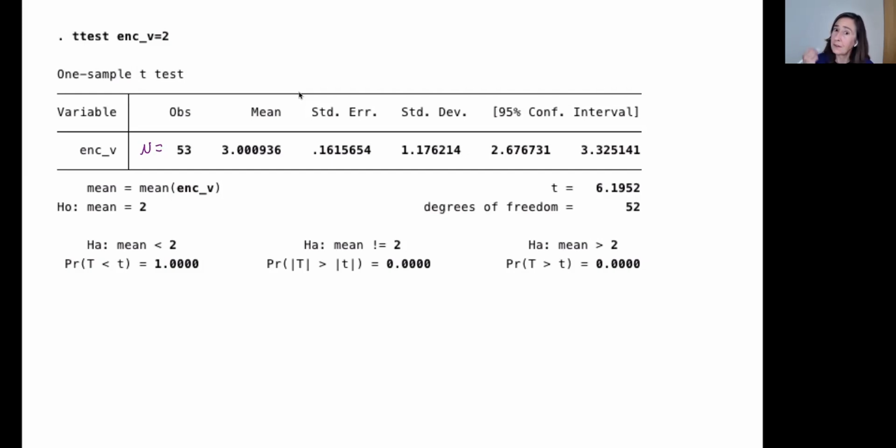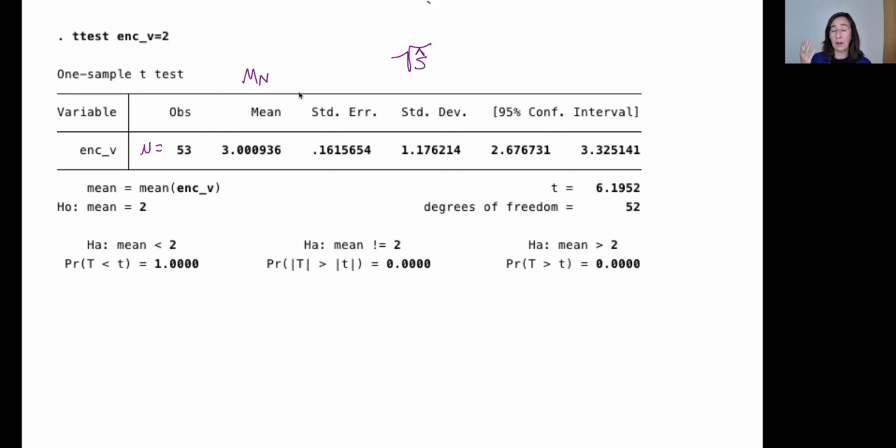And right away, the first thing that Stata has calculated for me is the sample mean, M sub n. It's added up my 53 values here and divided by 53, and the sample average here is right around 3, a little bit over. It's also calculated my unbiased estimator of the sample standard deviation.